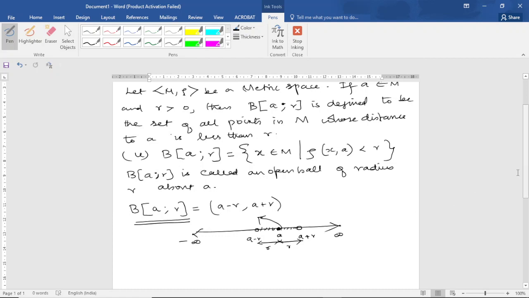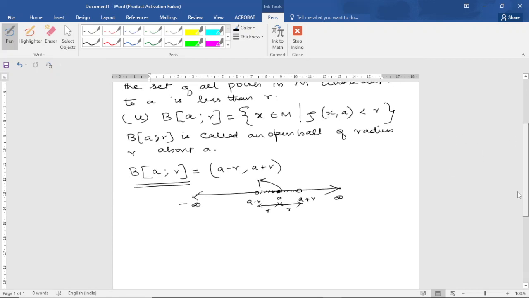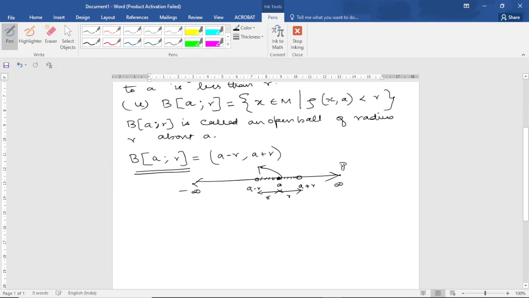In two dimensions, that is R squared, what is an open ball? It is the set of all ordered pairs (x, y) such that x squared plus y squared is less than r.